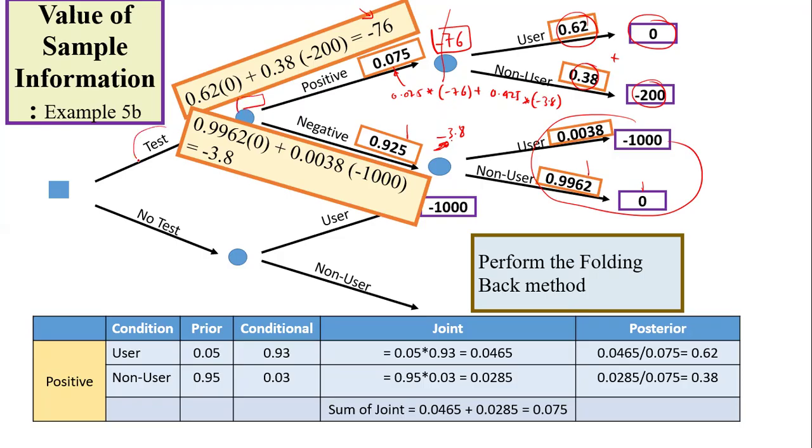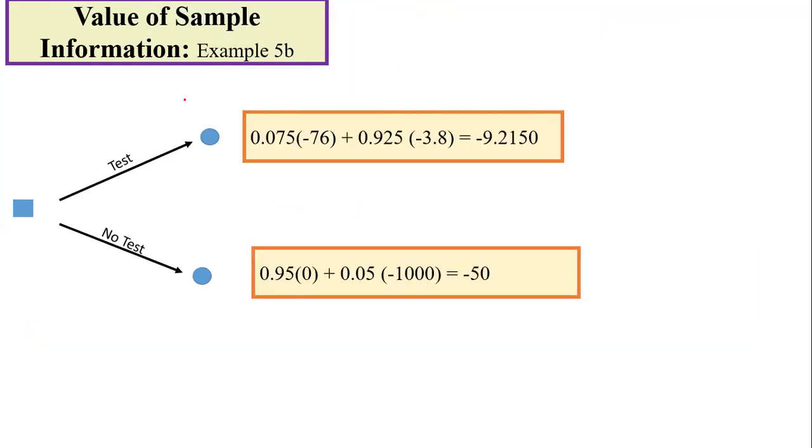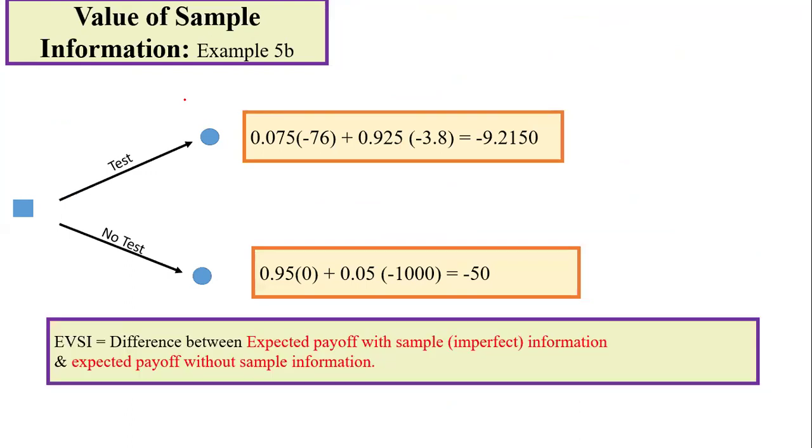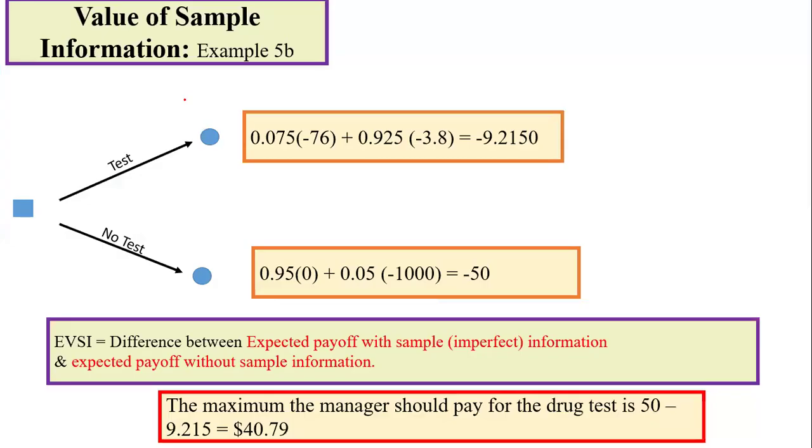So that is the decision. One alternative, if you test it. The other, you don't test it. So look at it. If you test it, you get minus 9.21. If you don't test it, it is minus 50. The best is to test it.